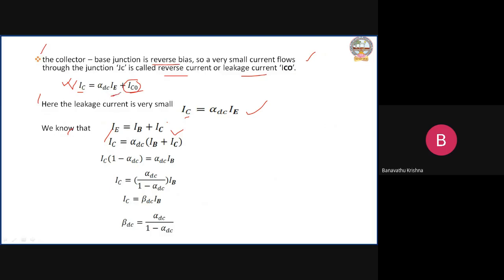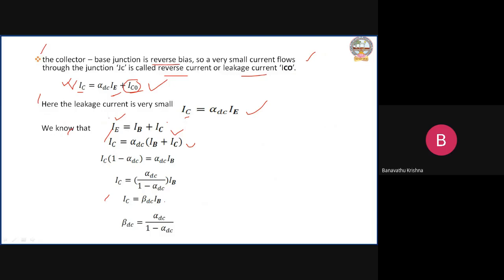Instead of IE here we can place the IE value, that is IB plus IC. So IC equals alpha DC into IE, but IE equals IB plus IC, then IC equals alpha DC into IB plus IC. So from this we get IC equals beta into IB.